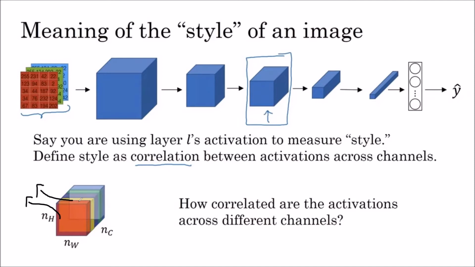The correlation between the 2 channels is called style. So if we are taking the style of this layer, we are trying to find how channel 1 is correlated with respect to channel 2, how channel 1 is correlated to channel 3, like that channel 1 to channel 5. Channel 1's activation units, how they are correlated with the different channels. That is how we are measuring the style.